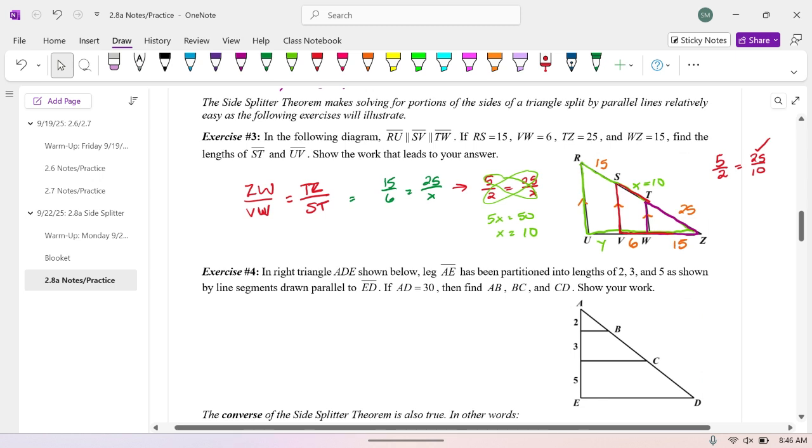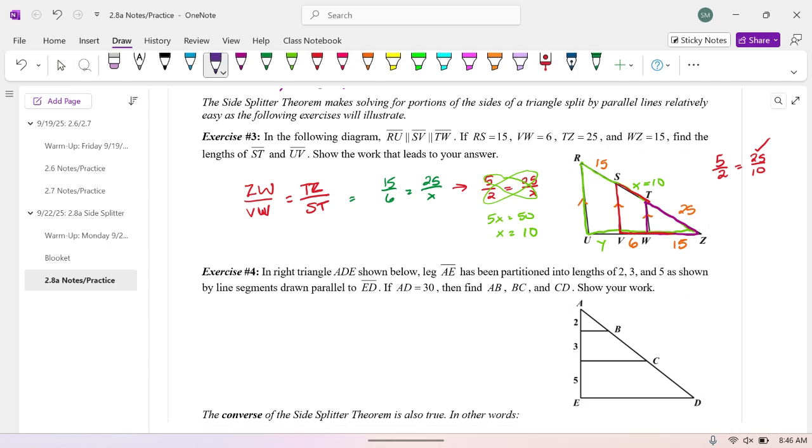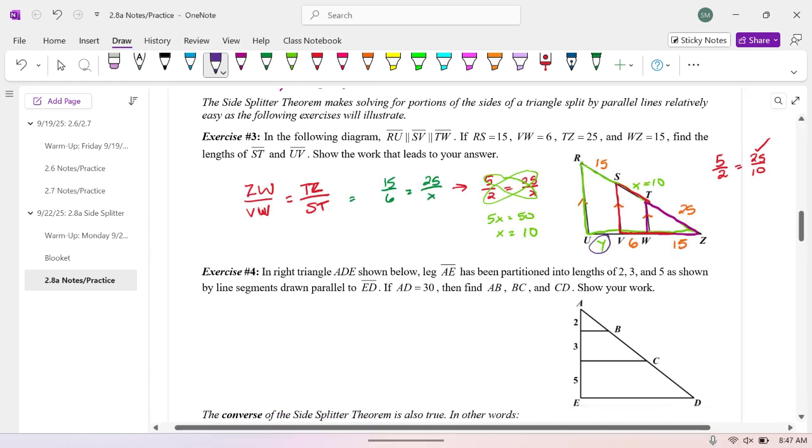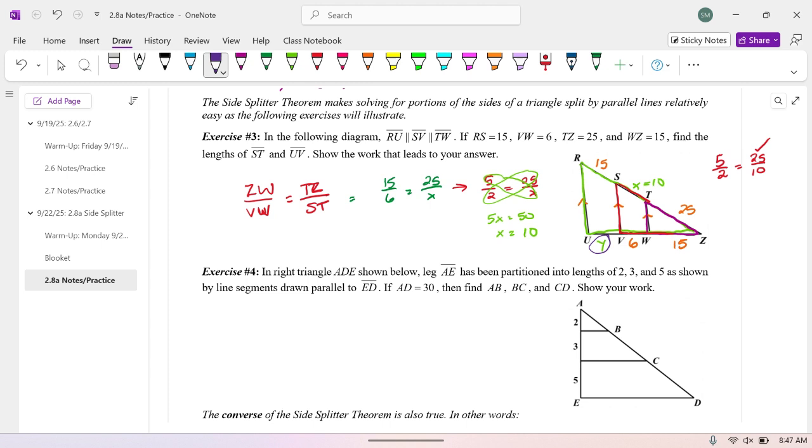Now, for y, what two side lengths would be equal to what two side lengths? If I want to find y, what two side lengths should I use? I would still start with using the purple triangle.